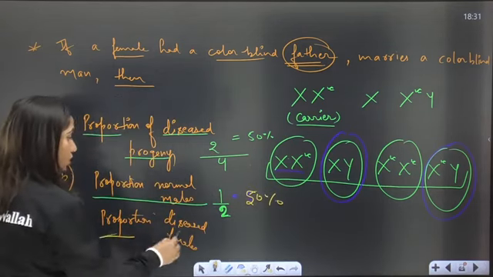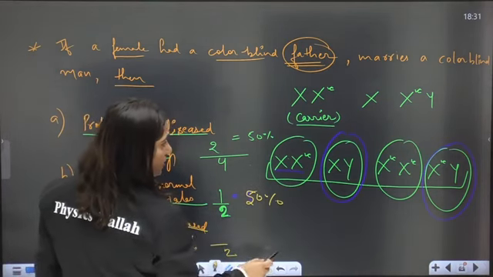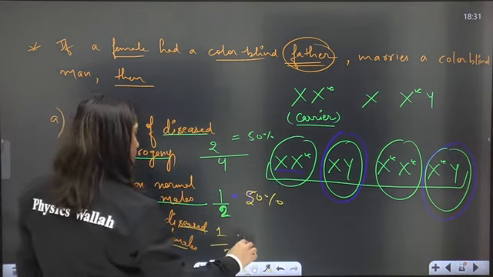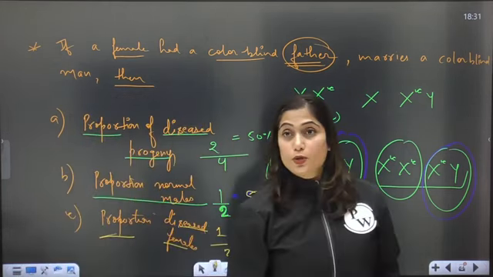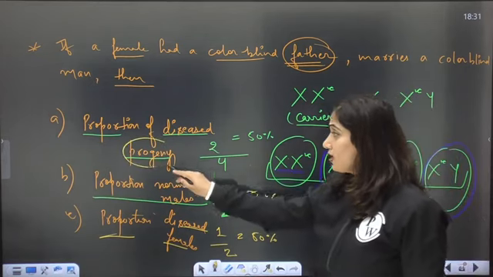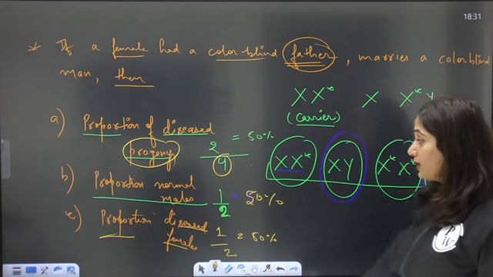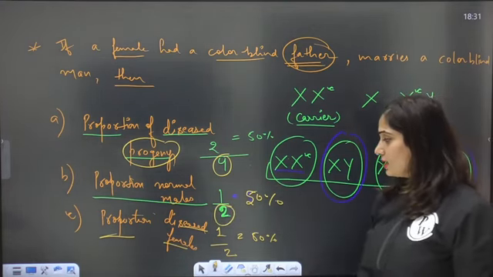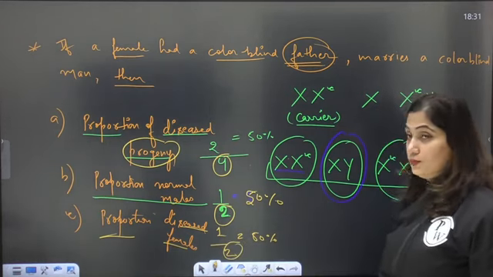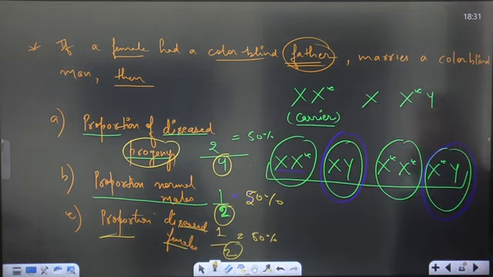Then the proportion of diseased females: out of 2, the chances are of only 1, that is 50%. So remember this: when progeny is asked, in the denominator you will write 4, but when males are asked, you will write 2 in the denominator, and when females are asked, you will write 2. This is how you will solve the question of color blindness.